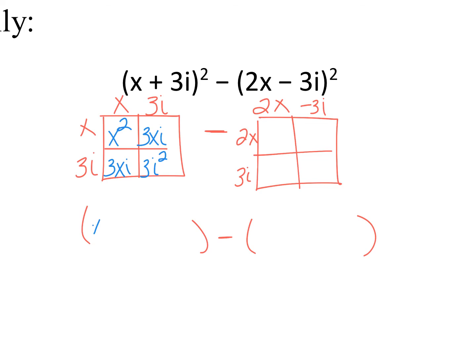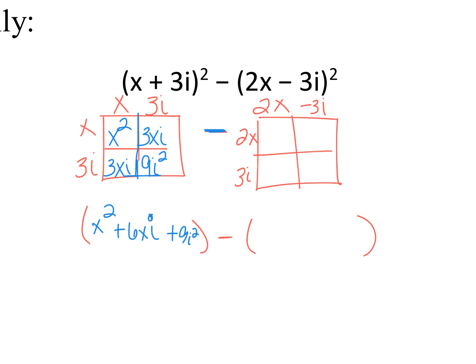So that gets me x squared plus 6xi, I'm sorry. And then plus, that was dumb. I forgot to do 3 times 3, which is 9. I knew I'd missed something there. Okay, so 9i squared. Great.